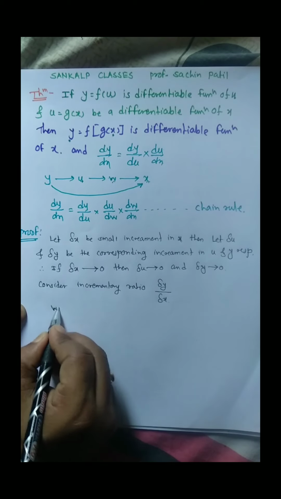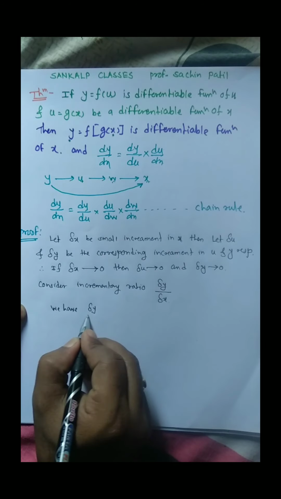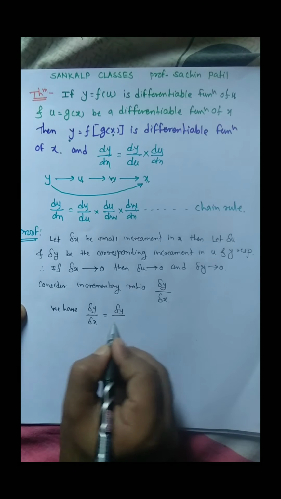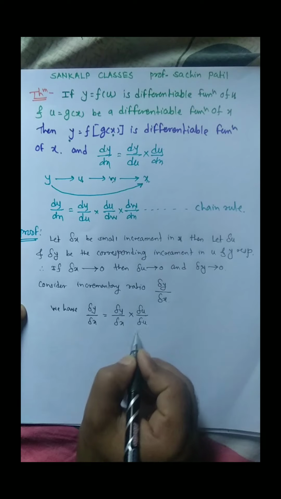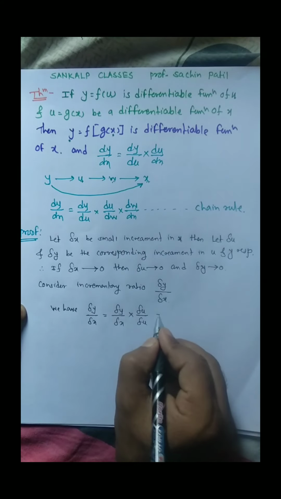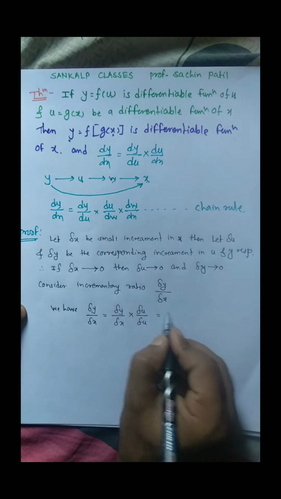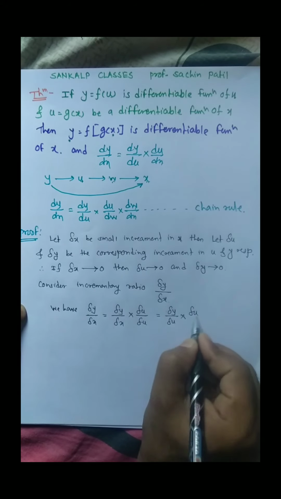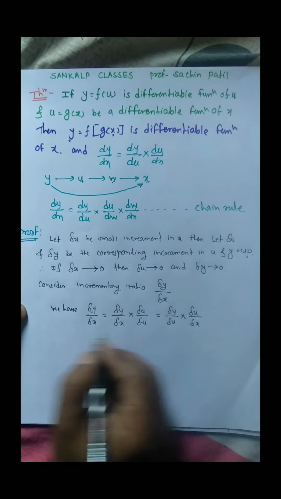We have delta y divided by delta x is equal to delta y divided by delta x into delta u divided by delta u. That means you multiply numerator and denominator by delta u. By swapping delta u and delta x, you will get delta y divided by delta u into delta u divided by delta x.